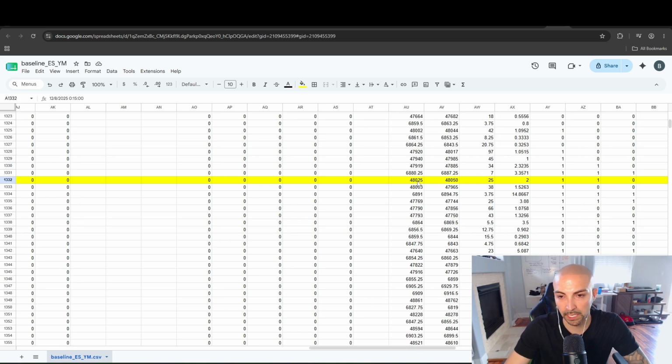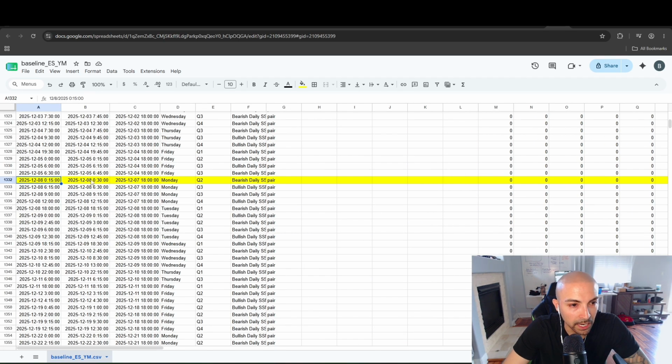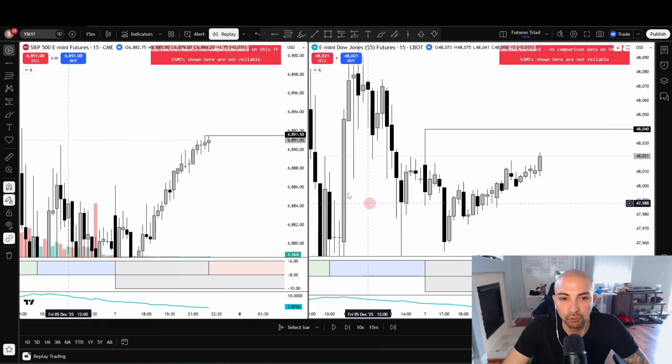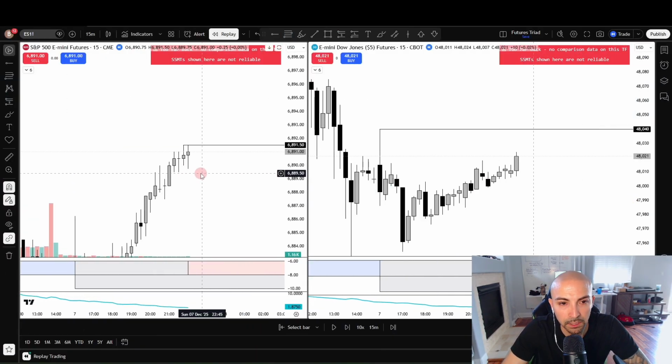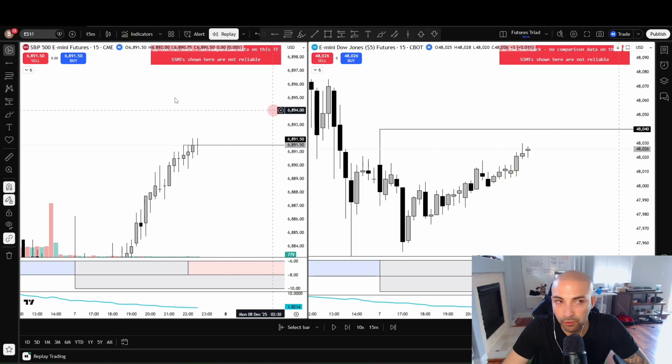YM is the asset that made the failure swing, and it happens at 30. At 15 it breaks, and at 30 the entry is triggered. This is New York time. I'm in Mountain time, so it's going to be right here at 22:30 my time here in Denver. There's the break, and there is the entry.